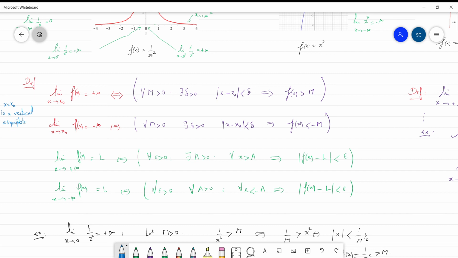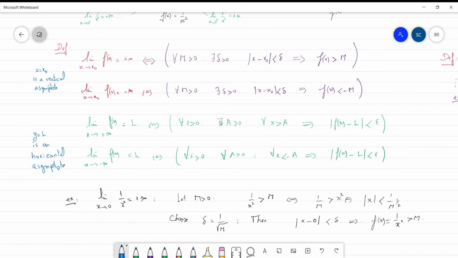Here y equal L is a horizontal asymptote. So this is what you should know.